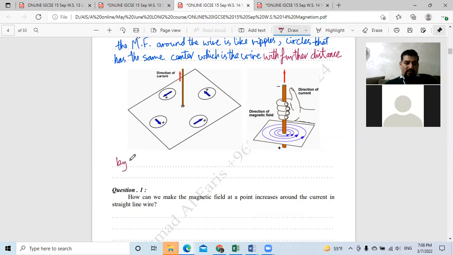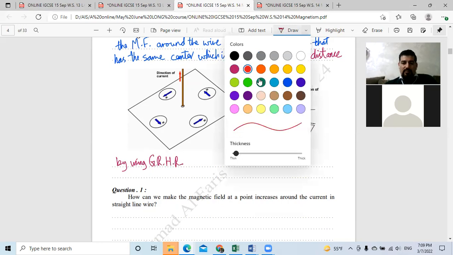So by using the right hand grip rule, what does the rule say?